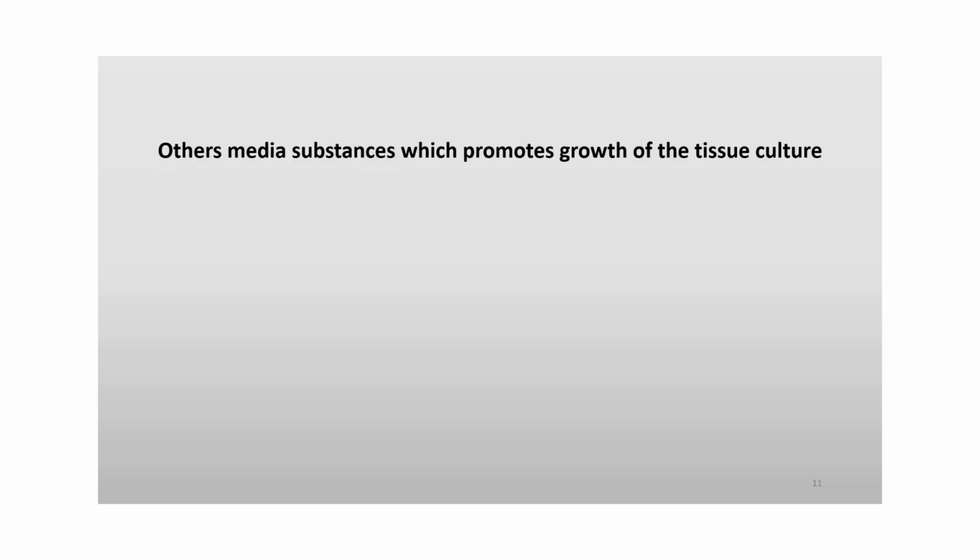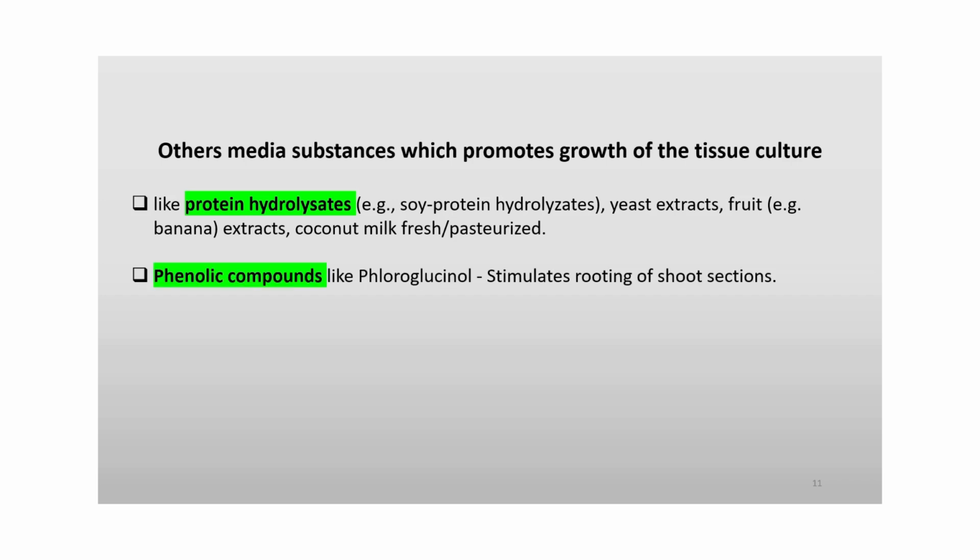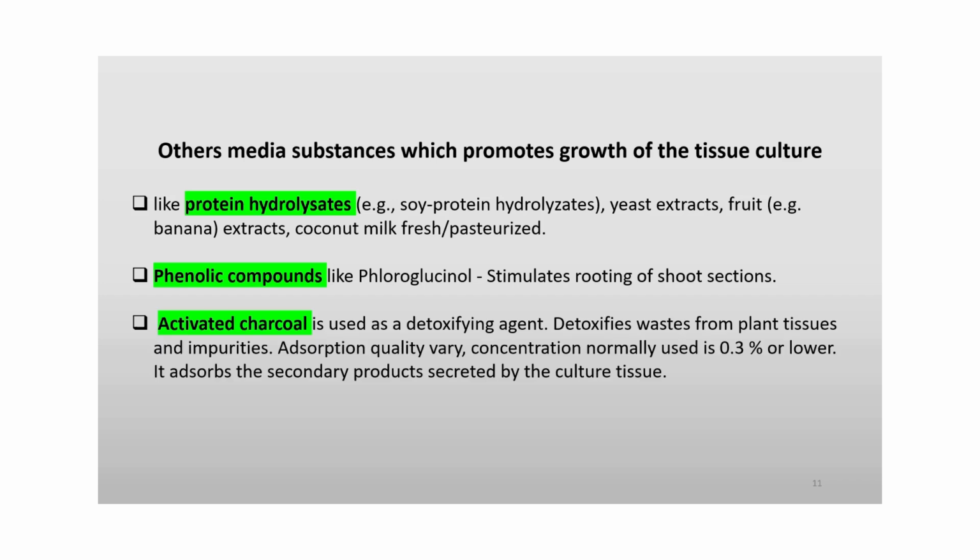Other media substances which promote growth of tissue cultures are protein hydrolysate, for example soya protein hydrolysate, yeast extract, fruits, for example banana, and extracts like fresh pasteurized coconut milk, and phenolic compounds like phloroglucinol, which stimulates root and shoot section.